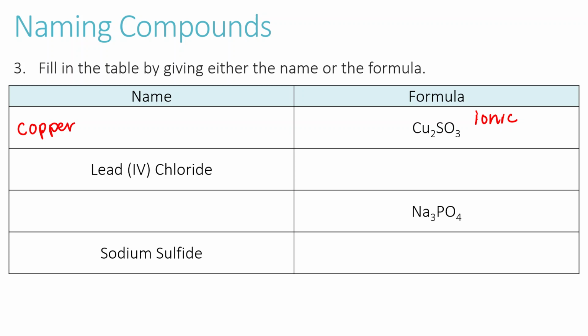I don't know the charge on Cu, but I do know that sulfite has a -2 charge. There's only one sulfite present here, so that means my positive charge has to be +2. There's 2 coppers, so each of them must be +1. So this is going to be copper 1 sulfite.